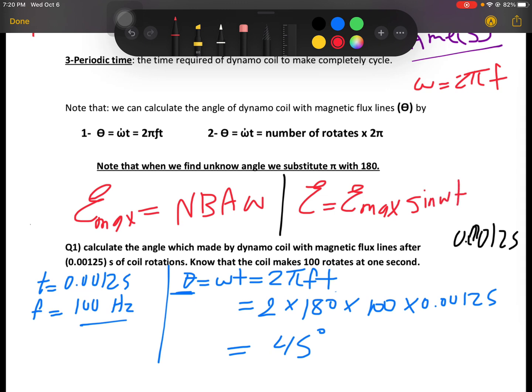Okay, these are the two basic rules, and these are the helpful rules that you need to solve the problems.